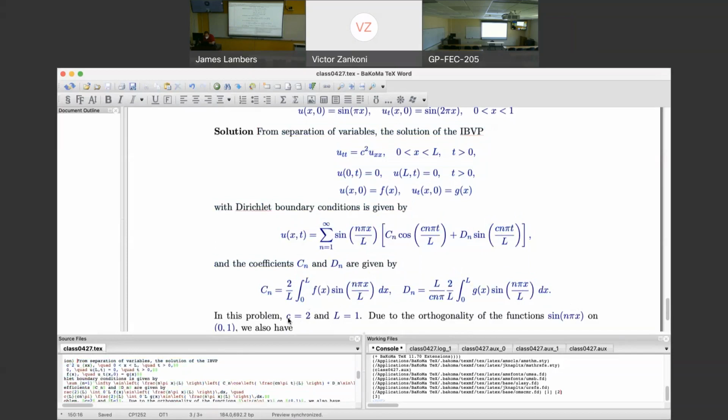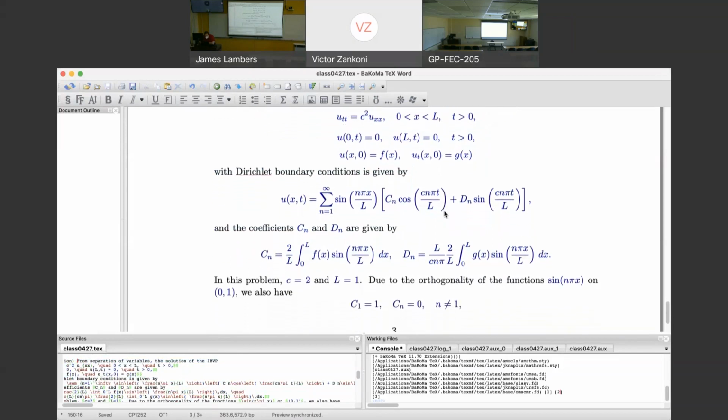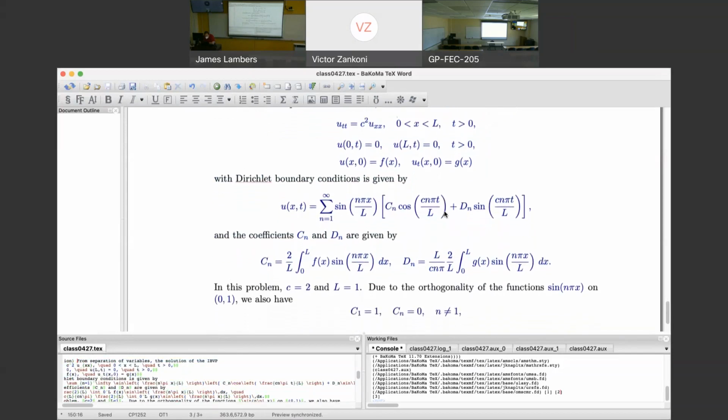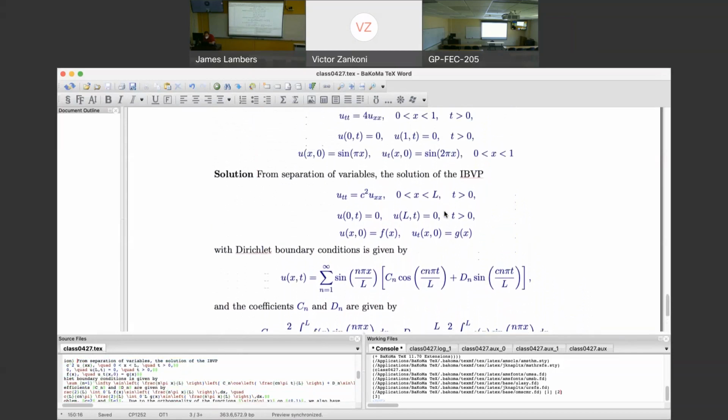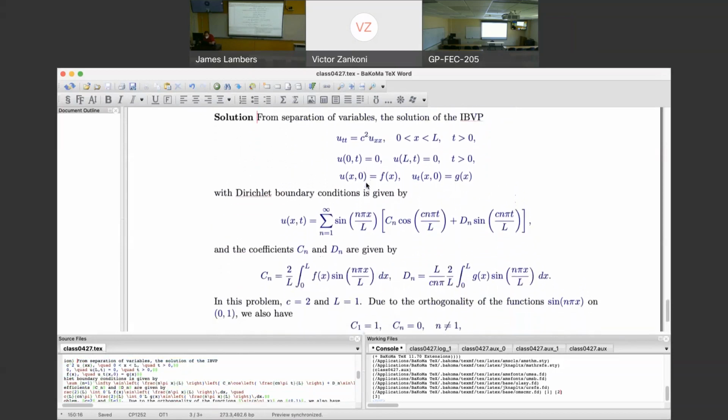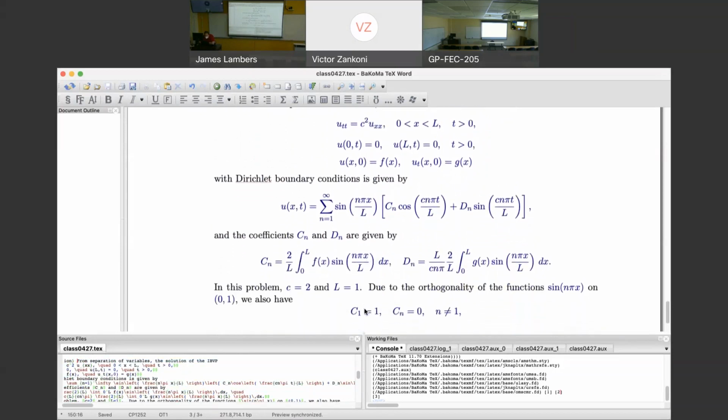When I fill in the particulars, the coefficient c is equal to 2, we're on the domain 0 to 1. Now, our initial condition, here we have sine pi x. Therefore, we have c1 equal to 1. All others are 0.